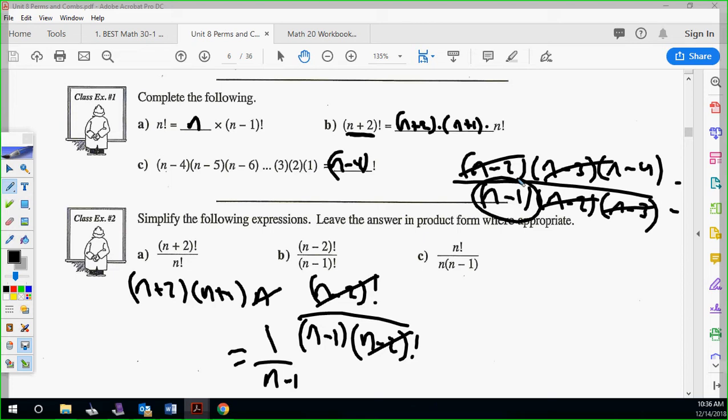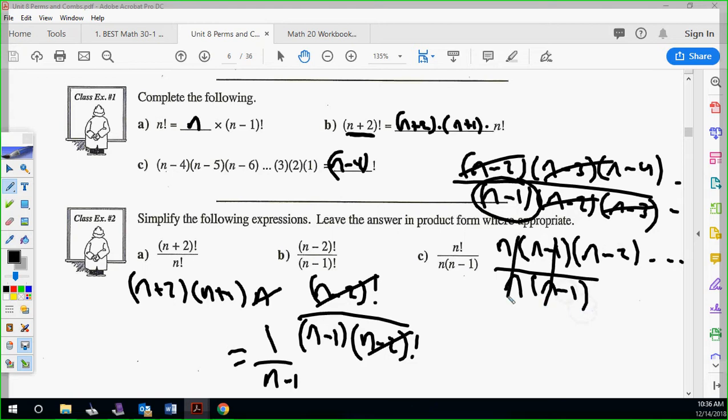So now look at this one. We have n times n minus 1. So there's no factorial on the bottom, so be careful there. But if I write this one out, it'd be n minus 1, n minus 2, etc. So then what happens is the n and the n minus 1 cancel, and so what's left is not just n minus 2, it keeps going.